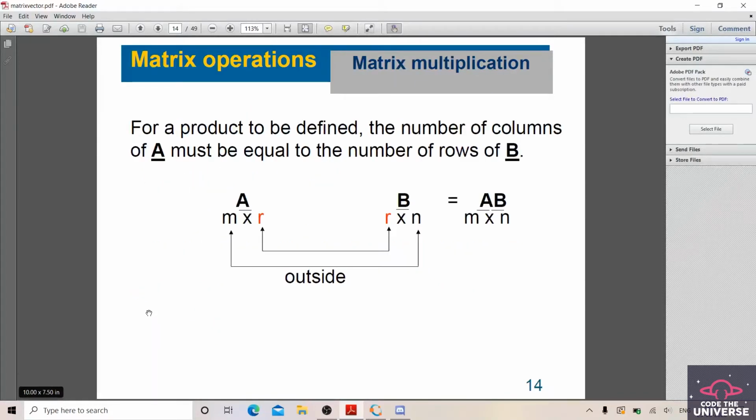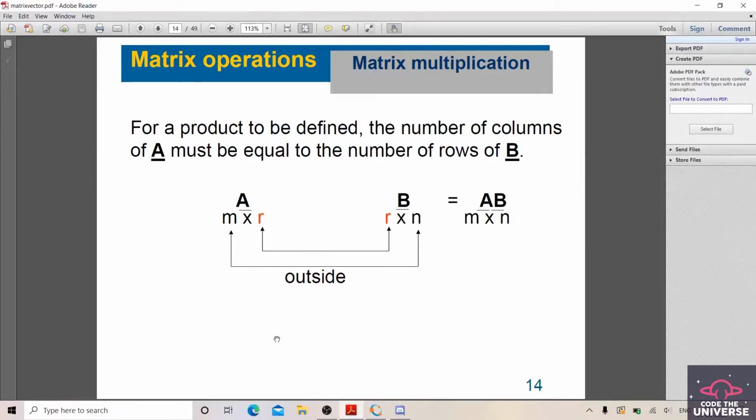There is one special condition that we must satisfy if we are to do matrix multiplication, and that is that these two dimensions should be matching. Let's say we have a matrix M cross R, and the second matrix is R cross N. The number of columns in A should be equal to the number of rows in B. Only if this situation occurs is matrix multiplication possible, and otherwise it is not.